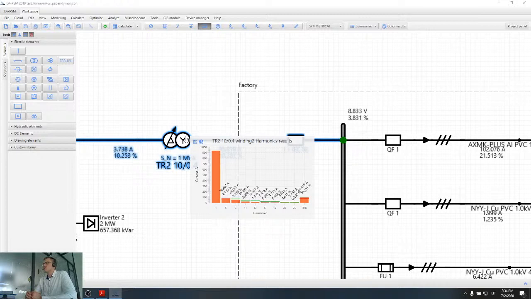So this histogram, which is represented by the software, also has one more type of information. So these are red and green lines. If the line is represented by red color, like in the case of the fifth harmonic and total harmonic distortion, it means that this particular harmonic is exceeding the permissible limit based on the IEEE 519 standard.